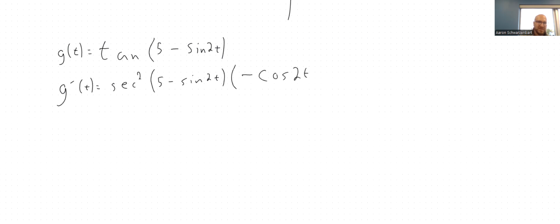Sine 2t had an inside, didn't it? That's 2t instead of just t. So the derivative of 2t is 2. It's a chain within a chain. So I started with this inside. When I did its derivative, I also had to account for a chain. I've seen ones with up to 5 chains within chains.